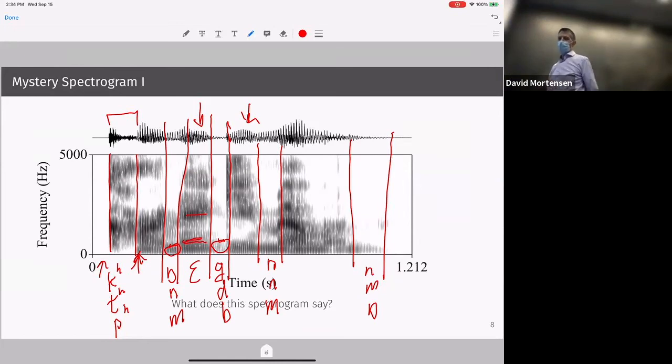Then let's look at this other vowel, the one right here. How is it different? It's kind of hard to make everything out right at the bottom. But how is it different?